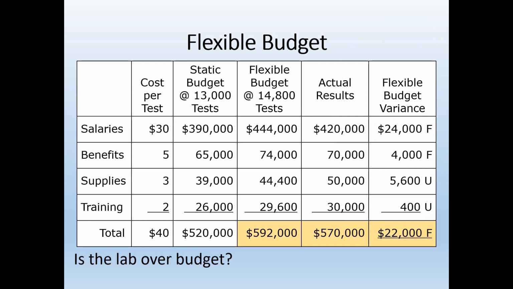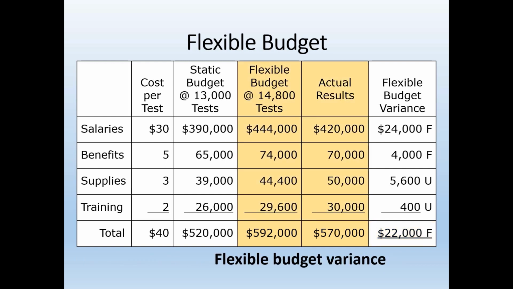And we can check that result by comparing the total flexible budget at the actual level of activity to the actual results. Based on this analysis, we can see that the laboratory at Eastgate Hospital is not over budget. In fact, it's under budget by $22,000 when we compare the actual results to a flexible budget prepared at the actual level of activity.